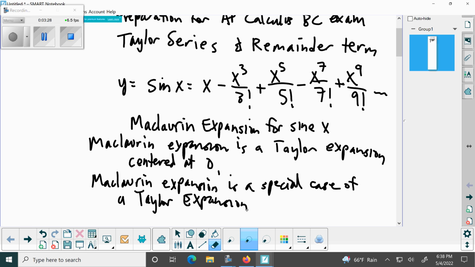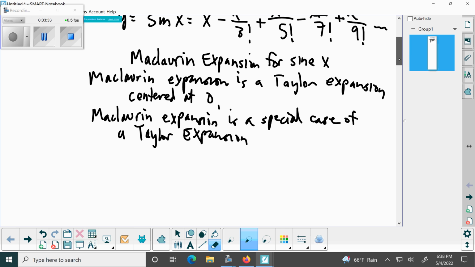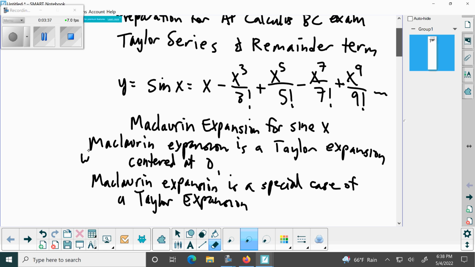So we can kind of think of this expansion as an infinite polynomial. And the sine function is a transcendental function.